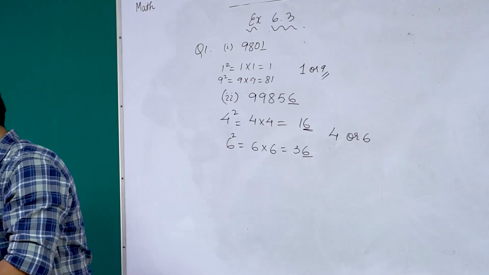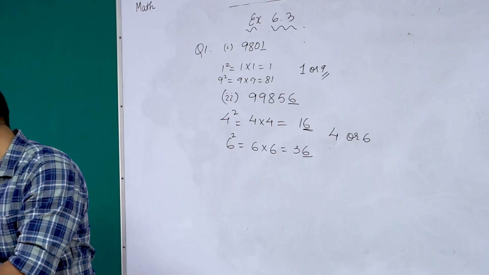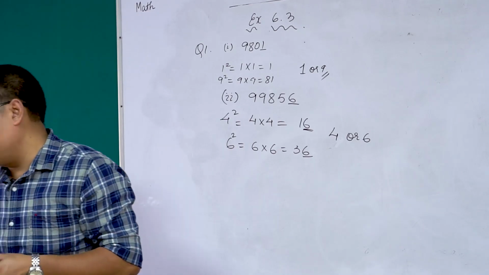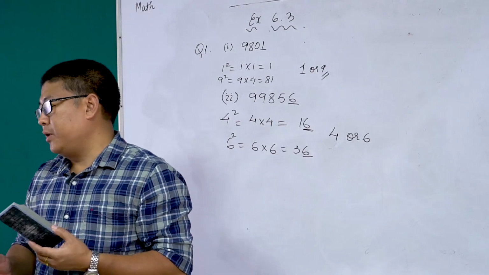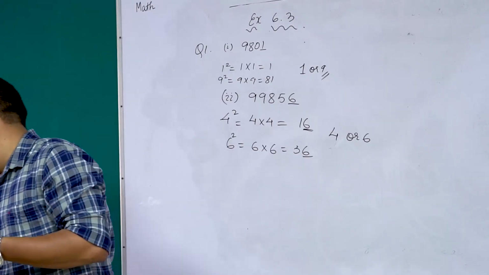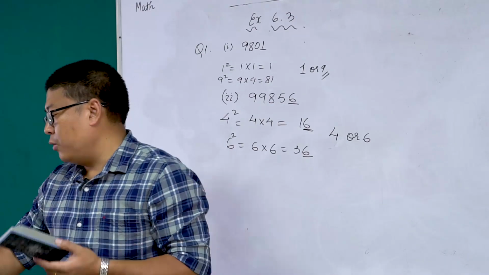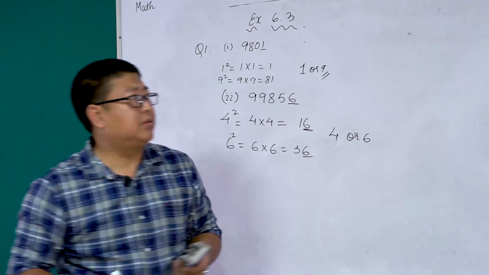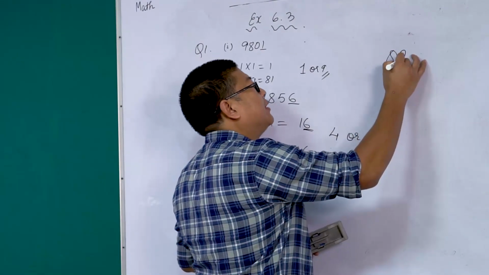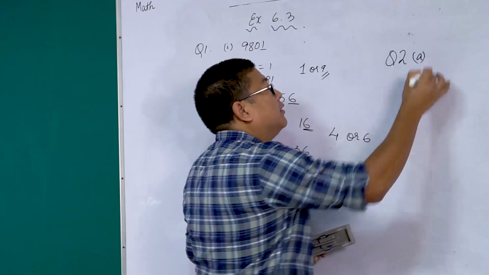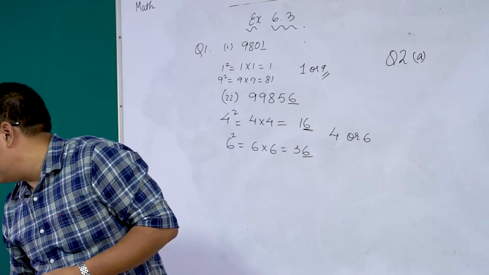The next question is, without doing any calculation, find the numbers which are surely not perfect squares. Now, this is also the same thing as we have done in the previous class. The given number is 153.